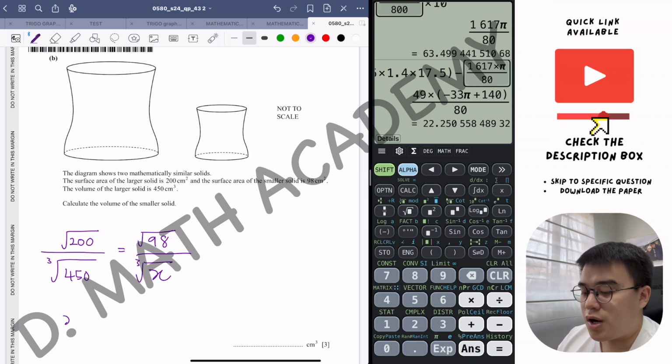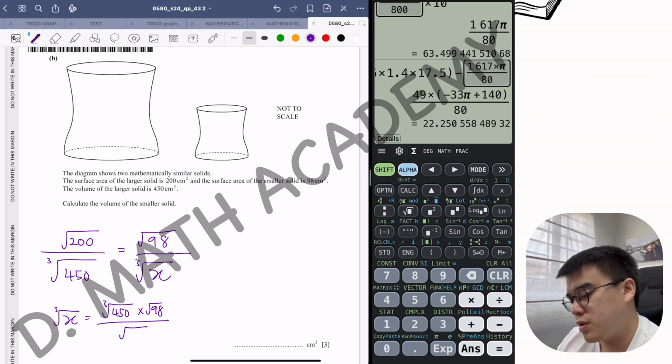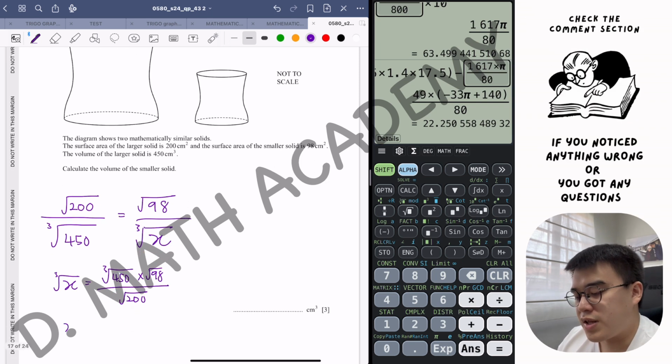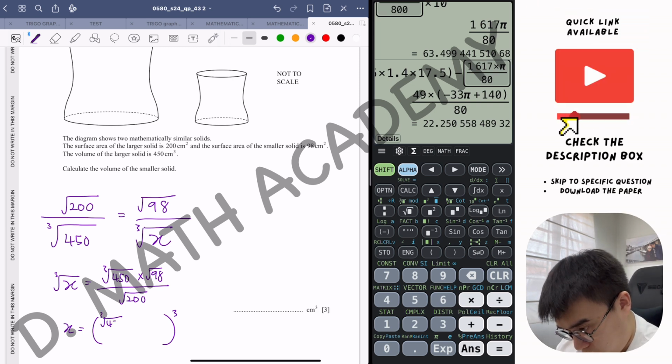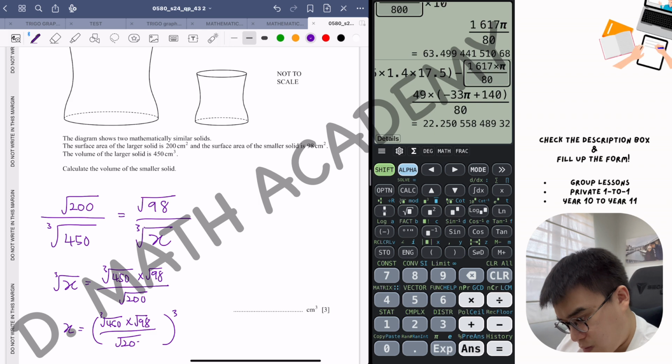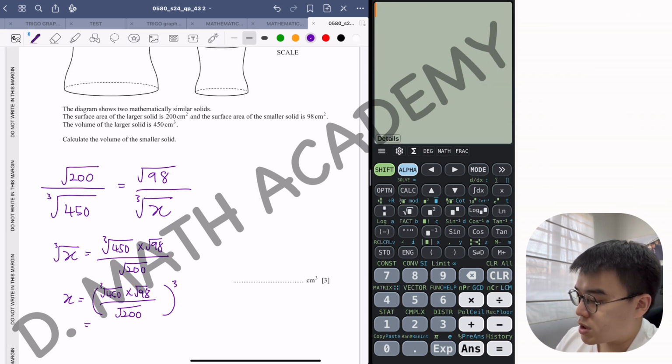So you're basically on a mission to make x the subject. So this is what you get after you perform the rearrangement. To find x, basically everything must be cubed. Cube it up and you get your answer here.